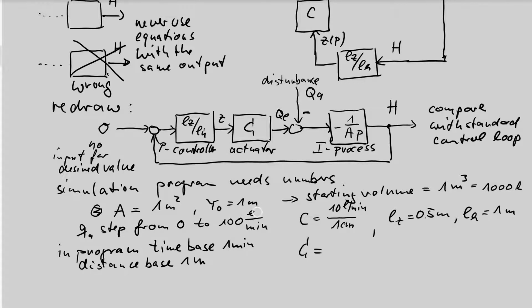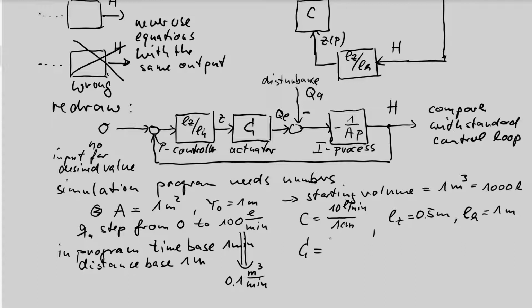But liters and meters are different. 1 liter is 1 divided by 1000 cubic meters. So if I have 100 liter per minute QA, I need the conversion into meters. This is 0.1 cubic meter per minute.